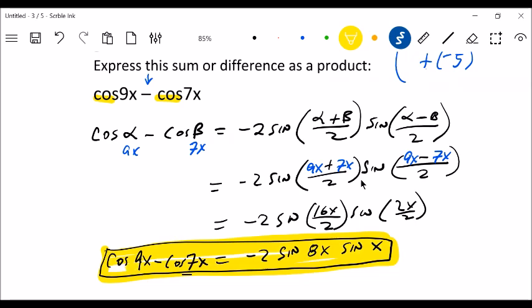The whole thing yellow. The actual answer is this part. We can't actually do more with it because the 8x and the x are inside the sine there. But you can still see now we just boiled it down to that. And that's as far as we can go until you can tell me what the x is.